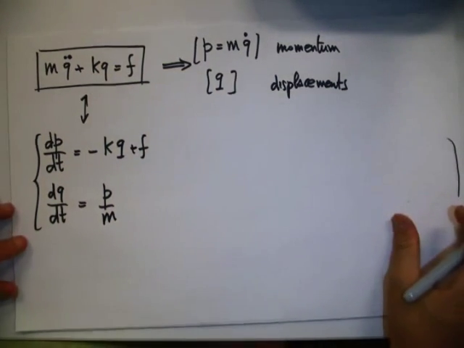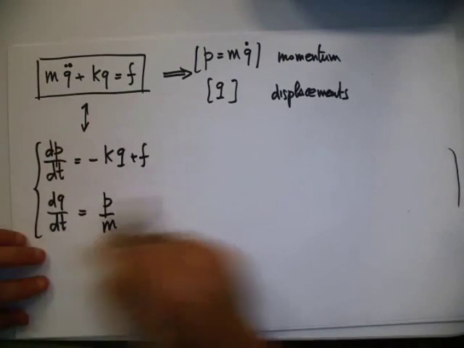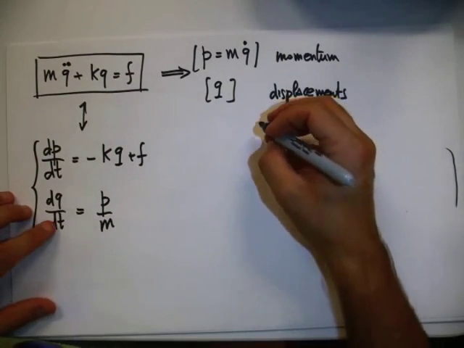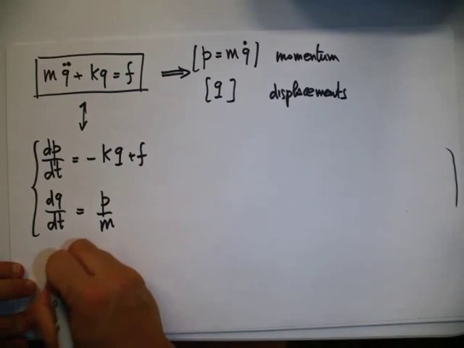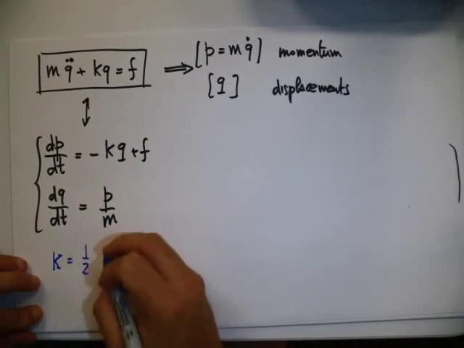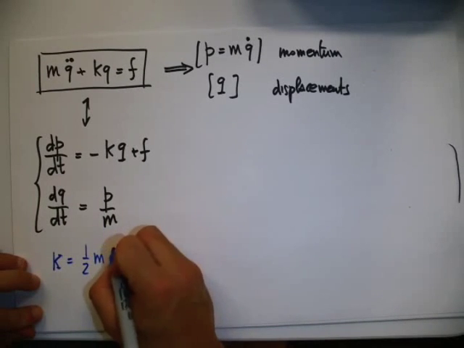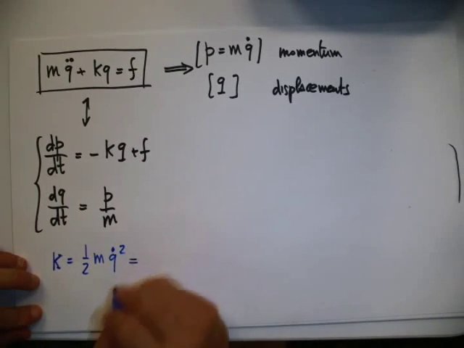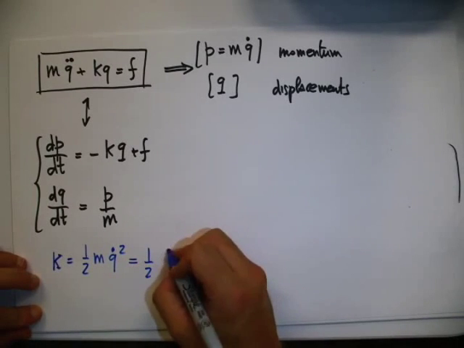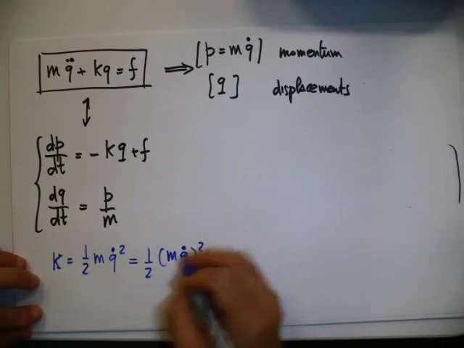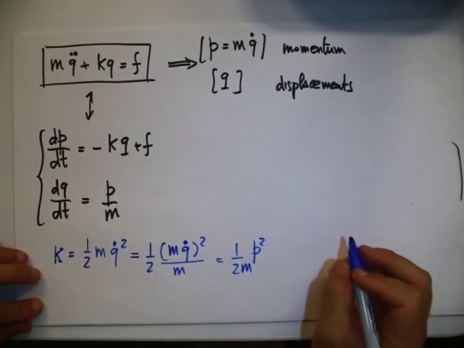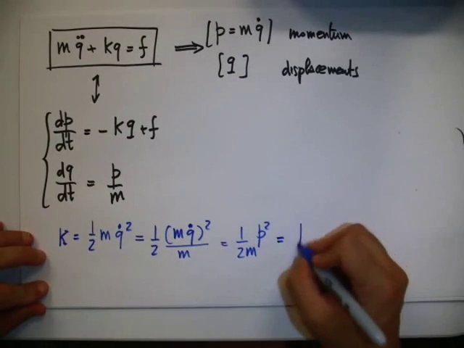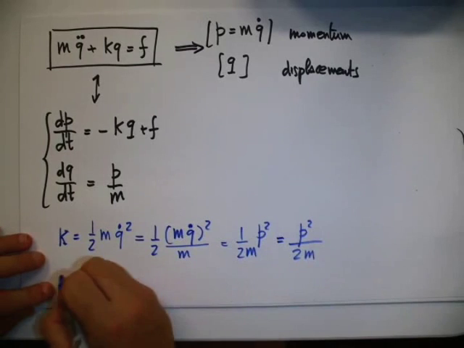But let's spend more time on this system. In particular, I know that the kinetic energy is equal to 1/2 m q dot squared, which I can rewrite as 1/2 m squared q dot squared divided by m, so p squared divided by 2m.